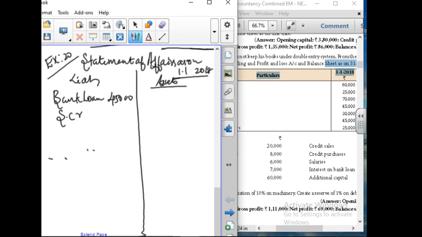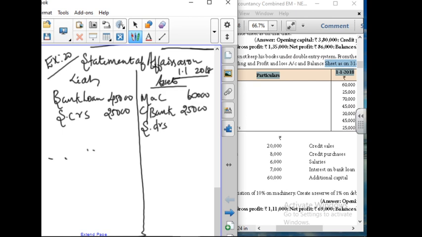Sundry creditors 25,000. And machinery 60,000. And cash at bank 25,000.